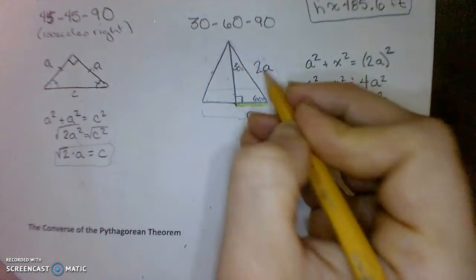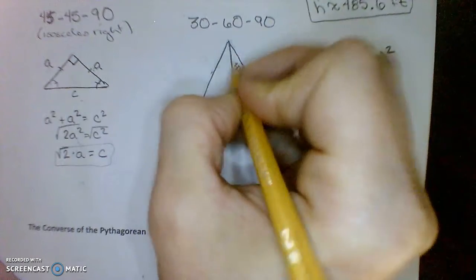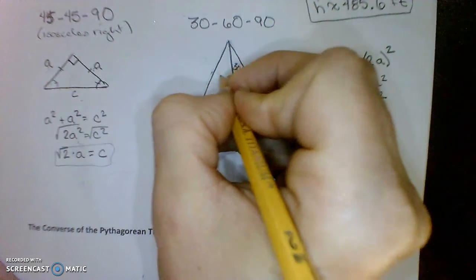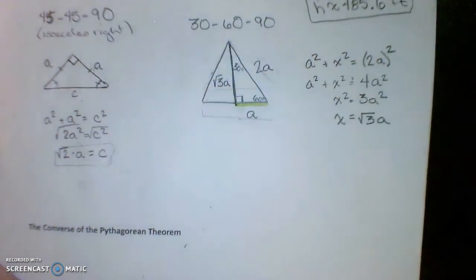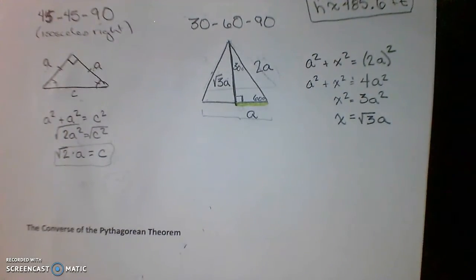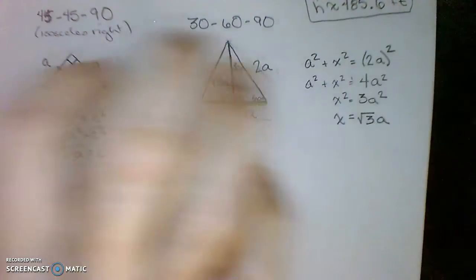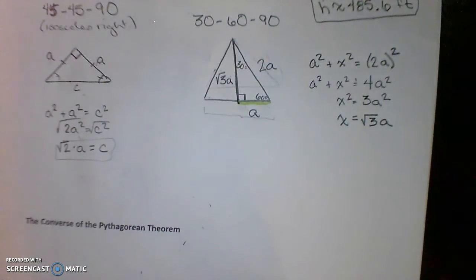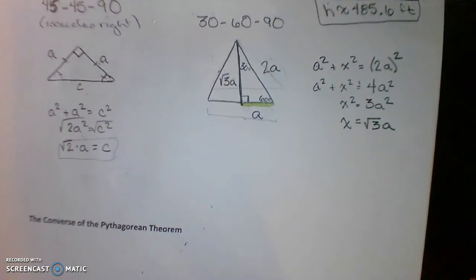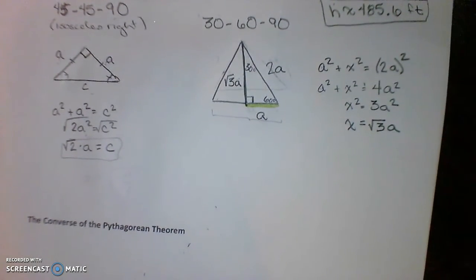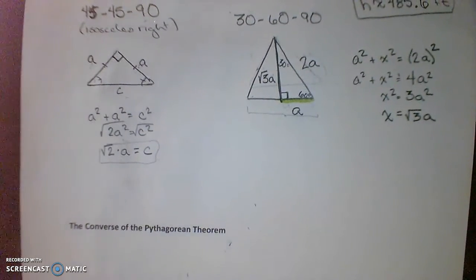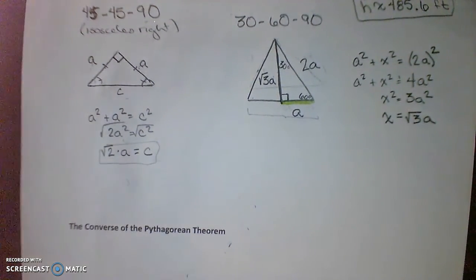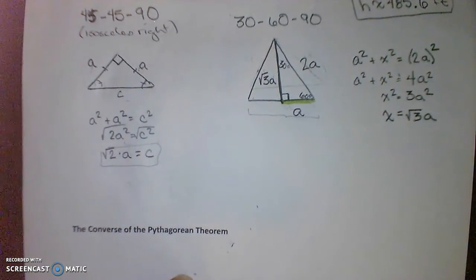So this side is a, this side is 2a, and this third side, one of the legs, would be root 3 a right here. So that's how the sides relate to each other when you have these special types of right triangles, which we could figure out without having to have any actual numbers to plug in first.